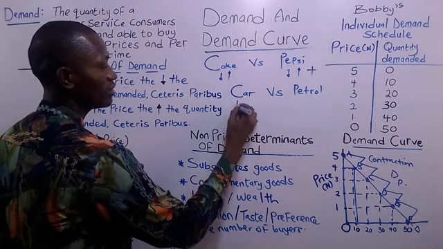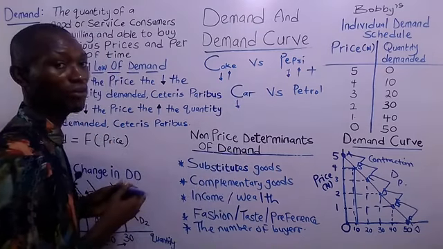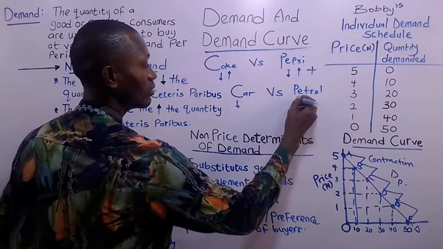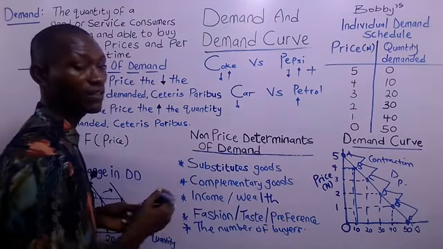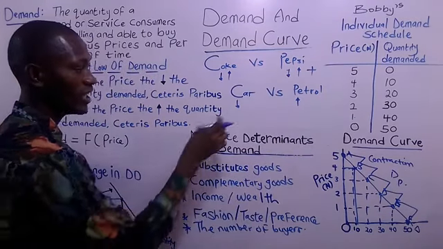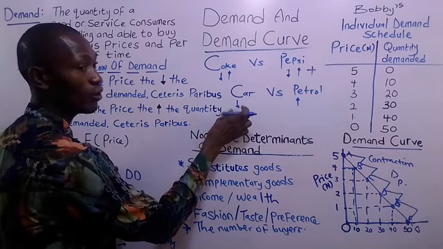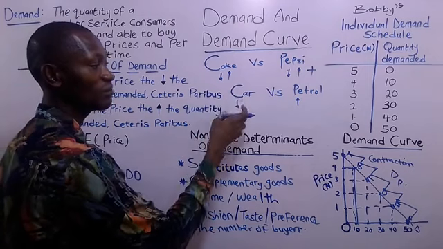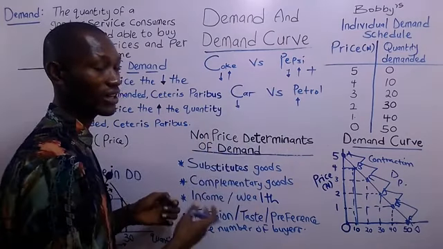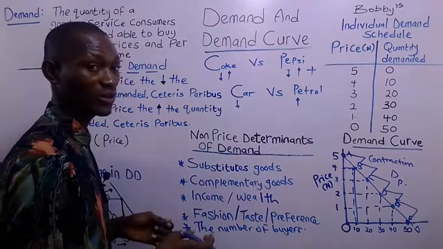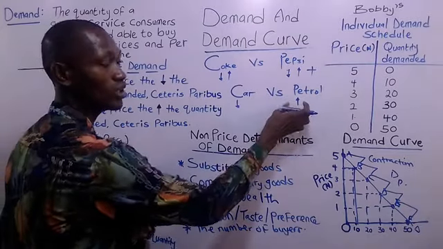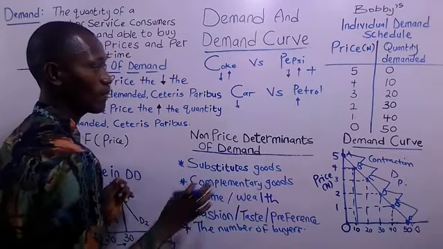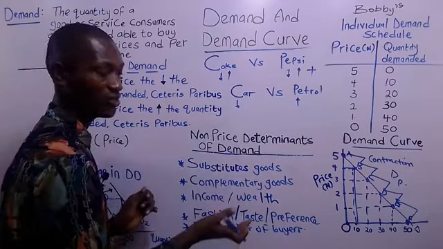Let's say the fall in the price of car, ceteris paribus, will lead to a rise in the demand for petrol. When the price of car falls, more people will buy cars, and as a result, many people will need to power their cars with petrol, so the demand for petrol will increase. Without the change in the price of petrol, the demand for it changes.